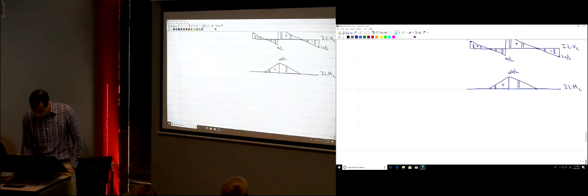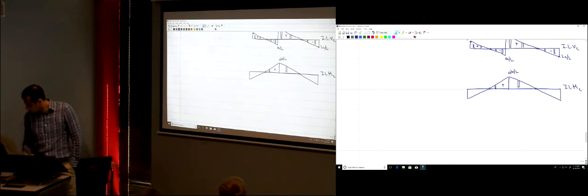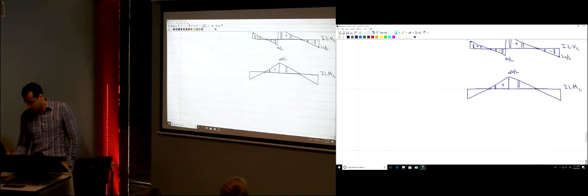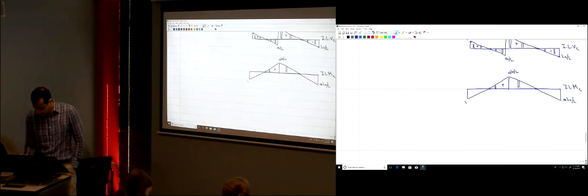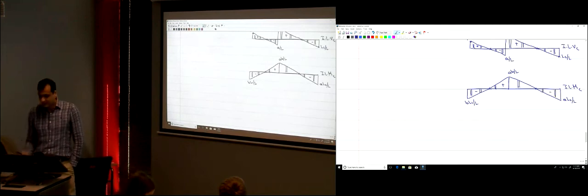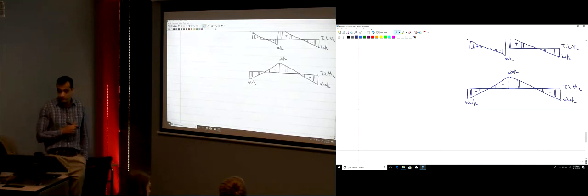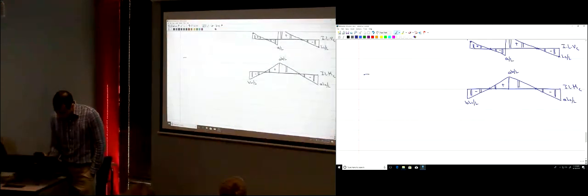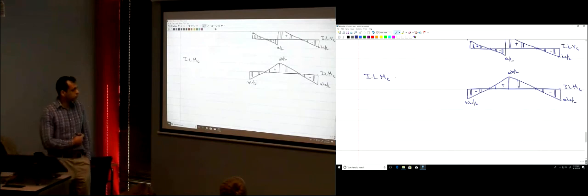Just extend them. Extend your influence line over the overhanging parts. So this is going to be A L2 divided by L, and this is going to be B L1 divided by L. And here it's negative, and here it's negative as well. So that's the influence line for MC.